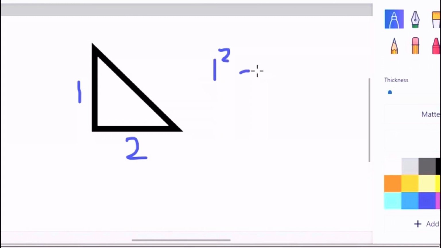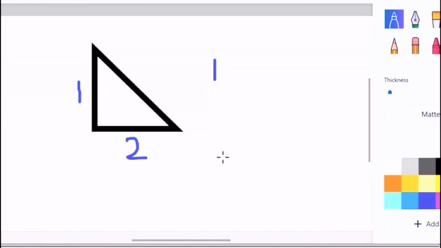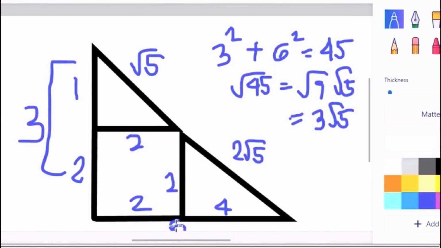So we computed 1 squared plus 2 squared equals 5, and this side equals the square root of 5. So as we computed, as you can see in the triangle, square root of 5 plus 2 square root of 5 equals 3 square root of 5, because 3 squared equals 9 plus 6 squared equals 36.